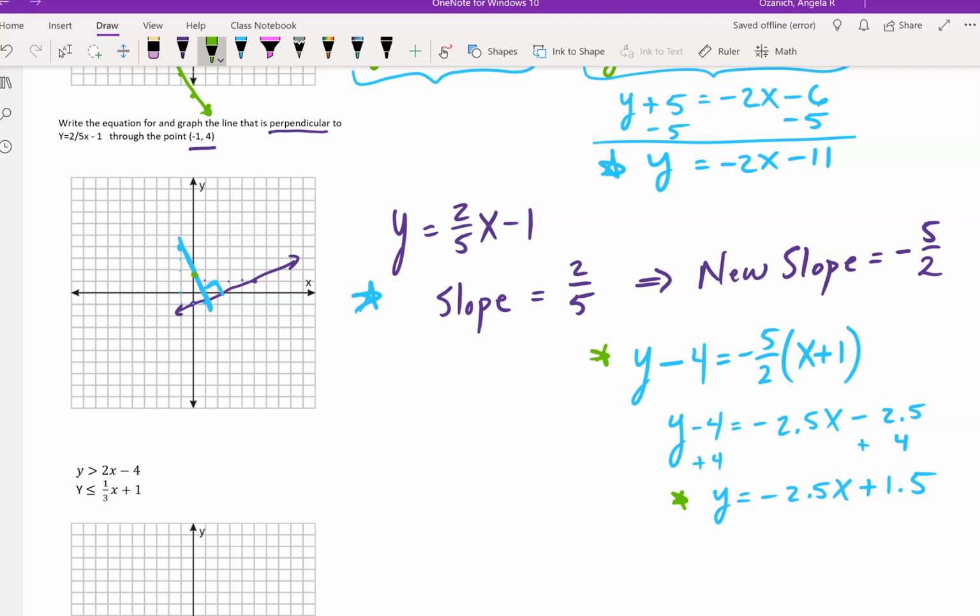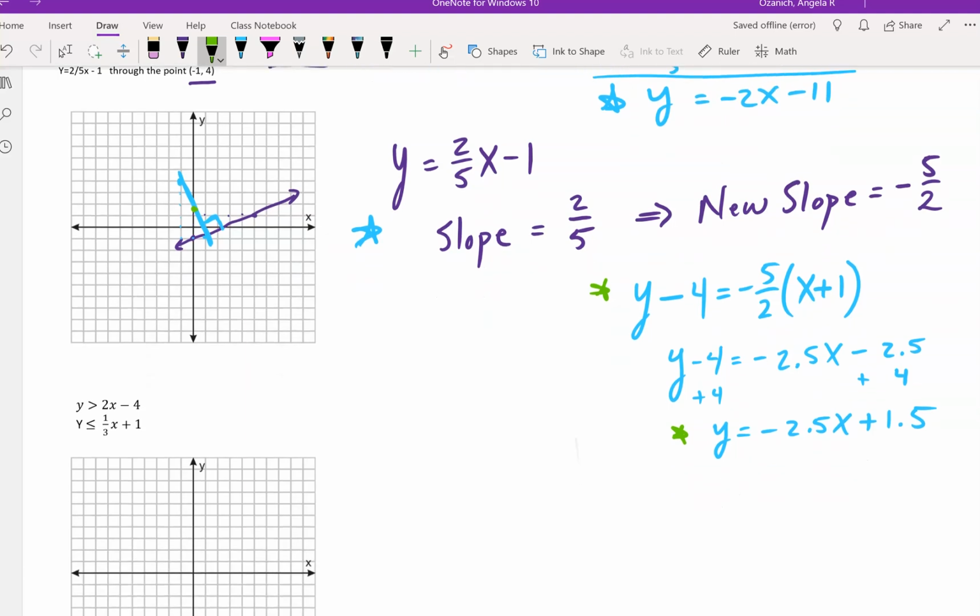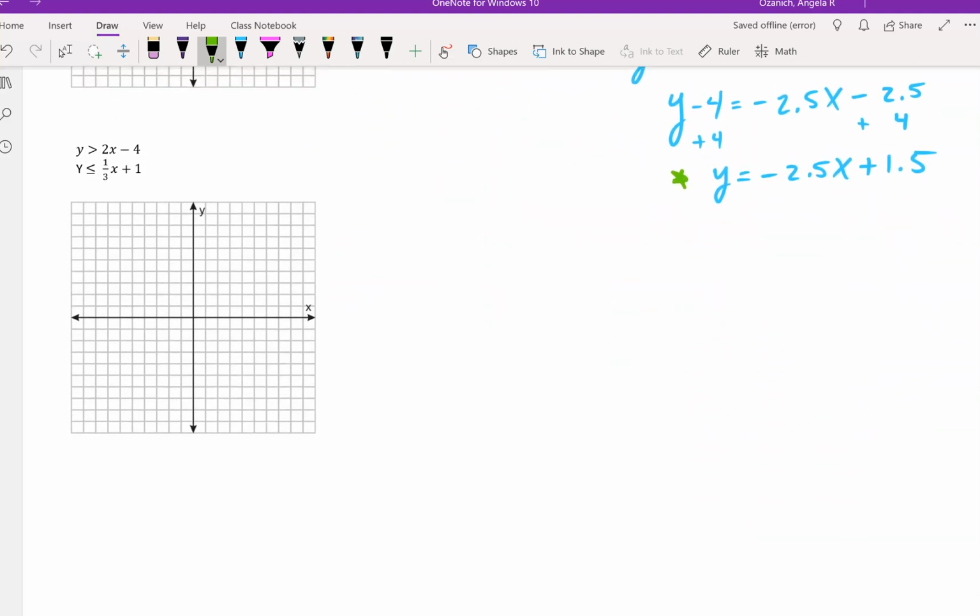Either way works. All right, last example here, guys, for this video today is one more example of graphing a system of inequalities. We're going to start by remembering that if you have less than or equal to or greater than or equal to, we are going to have a solid line for our graph.